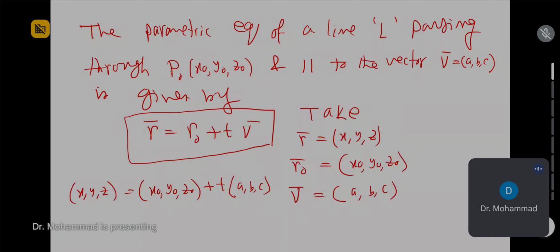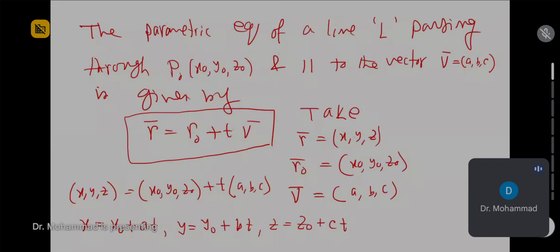From here we can easily write x equals x naught plus at, y equals y naught plus bt, z equals z naught plus ct. So this is the parametric equation of the line.